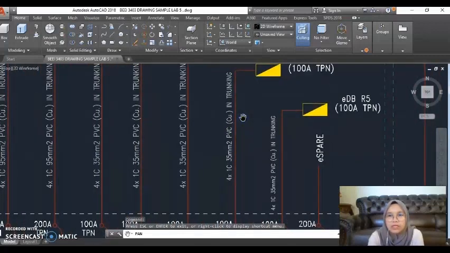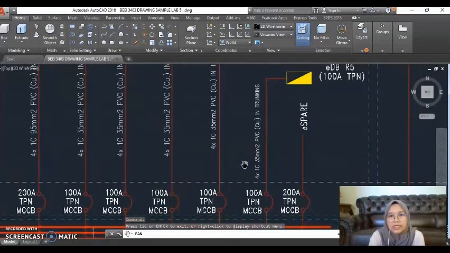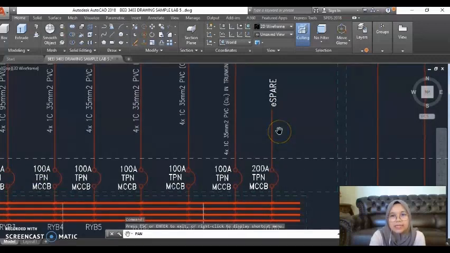For the outgoing switchgear EDBR5 100 ampere TPN, the rating for the MCCB is 100 ampere, and the cable size is 4 times 1C 35 mm square PVC. And the last one is RYB9. The rating of the MCCB is 200 ampere TPN for the spare.